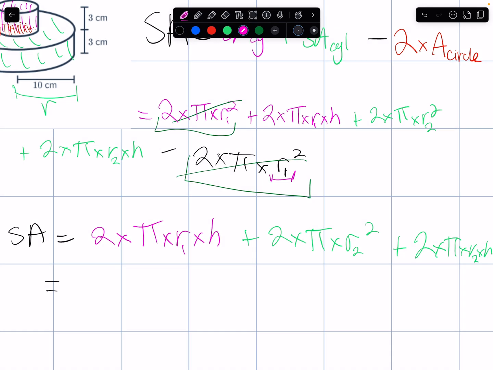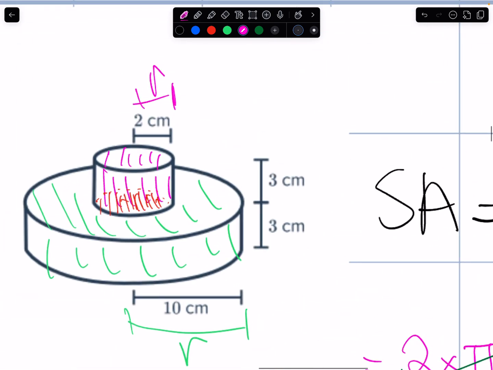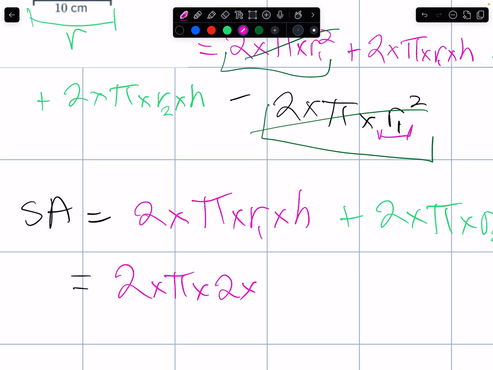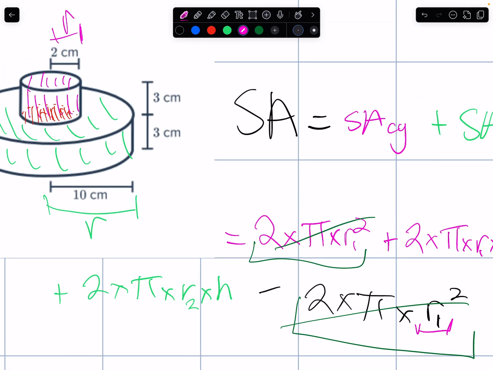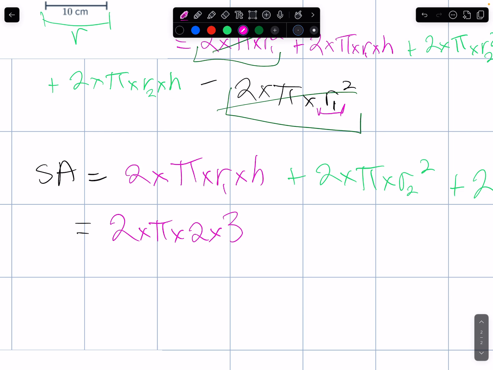Is equal to 2 times pi times our r, which is 2 centimeters for the pink. See, 2 centimeters there. 2 times pi times 2 times the height, which I should have looked, is 3. We've got two heights, but both of them are 3.